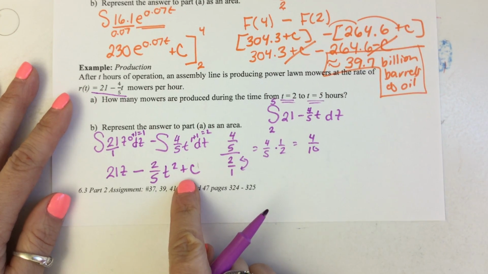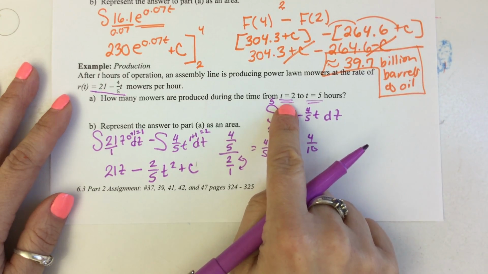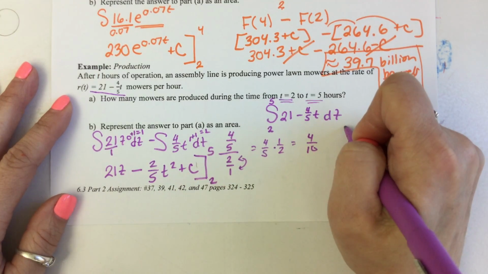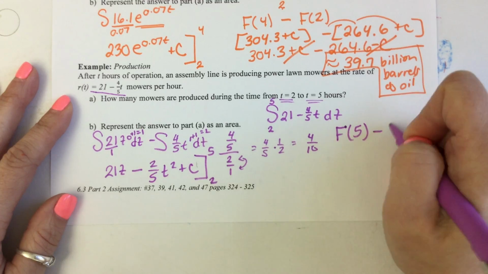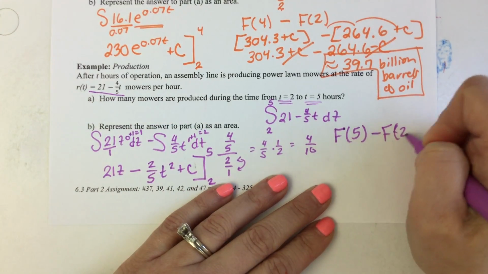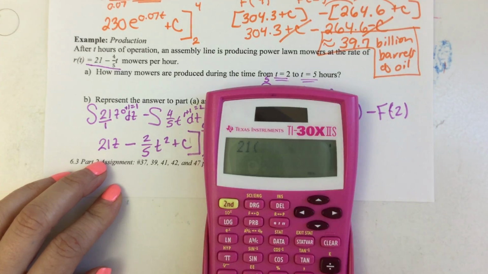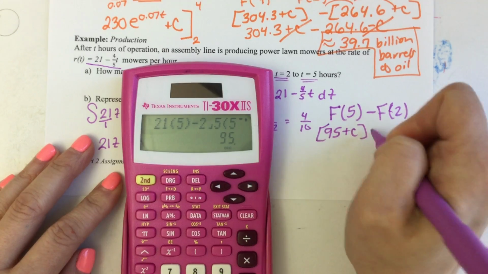Now to calculate how many lawnmowers were created from hours 2 to 5, I go from 2 to 5. So you're going to fill in the 5, then fill in the 2 and subtract them. So if I go ahead and have 21 times 5 minus 2/5 times 5 squared, this is 95 plus c minus.